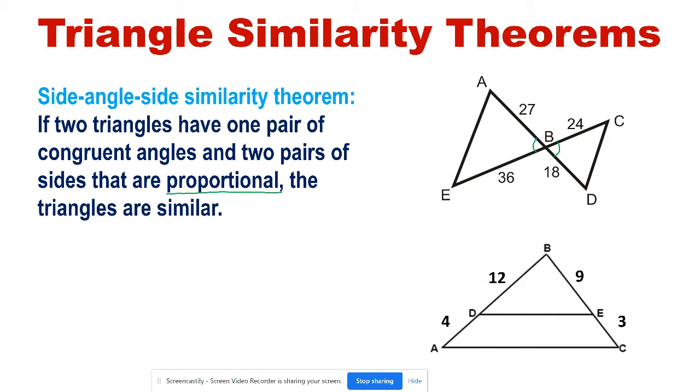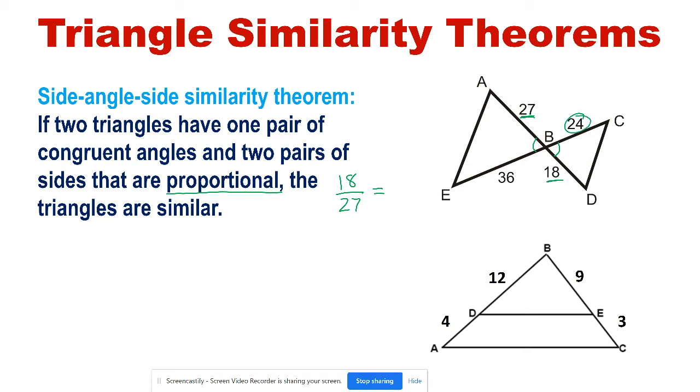So here, with my two triangles, I'm going to match up corresponding sides. So my small side I have on each triangle would be the 18. That's the small side of BCD. And 27 would be the small side of BEA. So I'm going to make a ratio 18 over 27. And I'm going to do the same thing with the bigger sides.